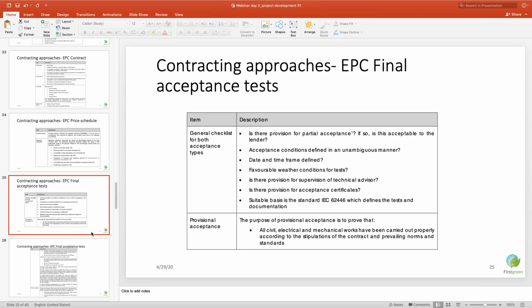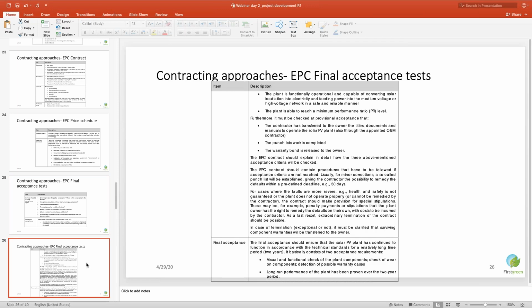So various tests are there as per local conditions, and accordingly you will do. And once the plant has completed its testing, even the PR, that is the performance ratio test, is also done under these standards. You will give a provisional acceptance, and there might be some punch points left, which the EPC contractor will complete, and then you will give final acceptance to the project.